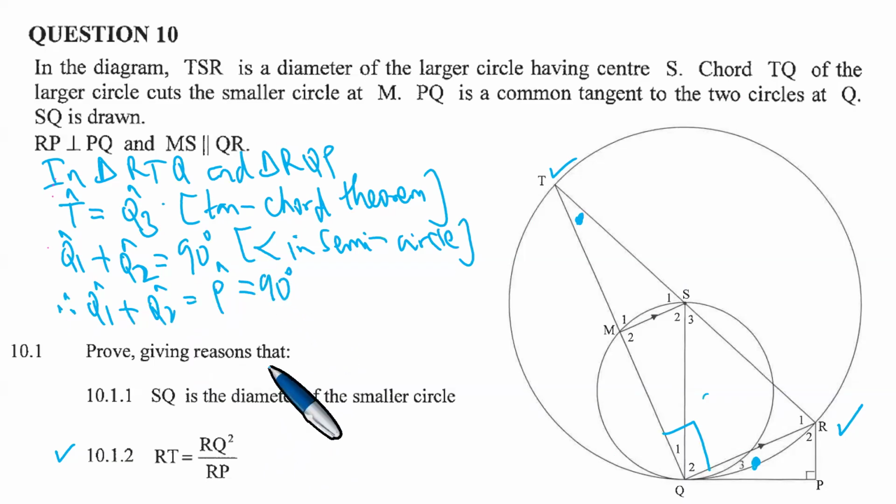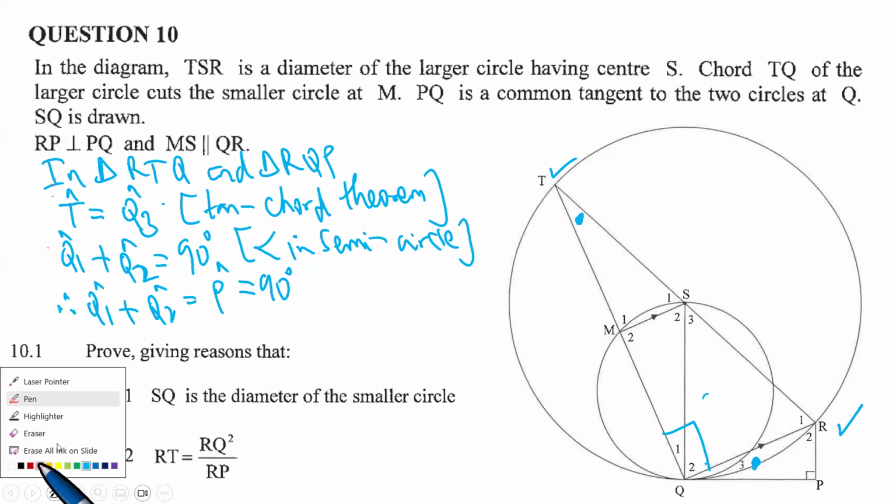So this would be 90 degrees, and this is equal to the angle P there. And as a consequence, we have then shown the following facts.